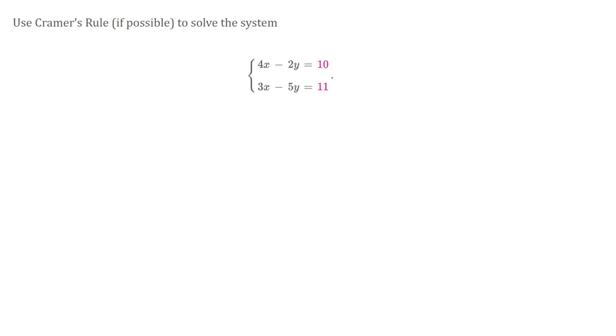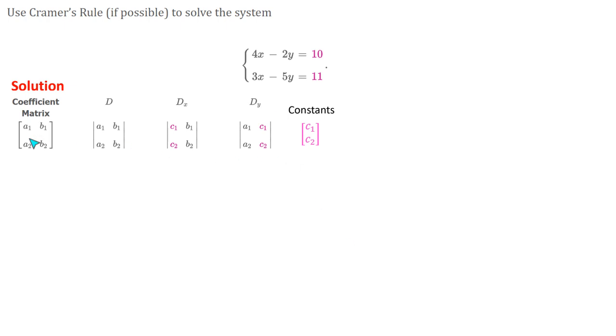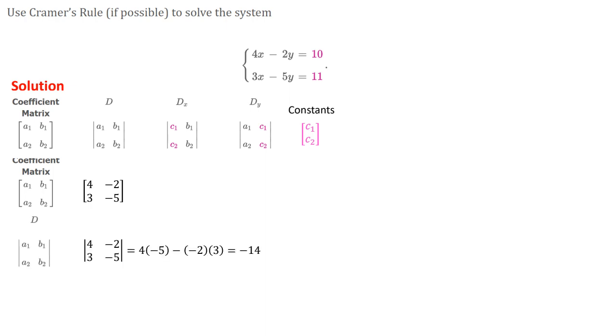Okay, so here we have our coefficient matrix, or I just wrote down the formula. Our coefficient matrix here is going to be 4, negative 2, 3, and negative 5. And then let's set up the determinant.